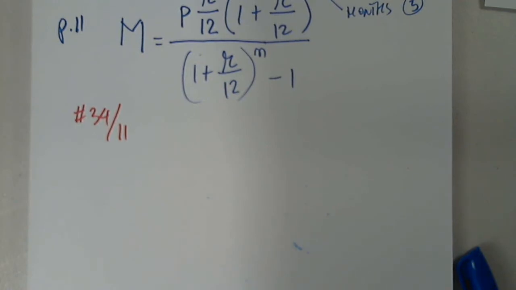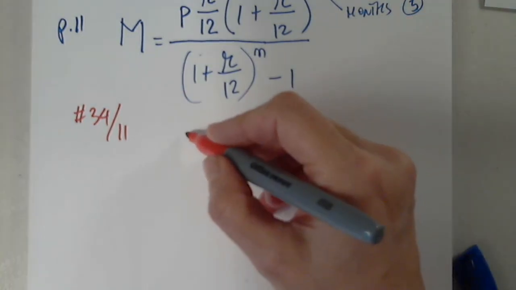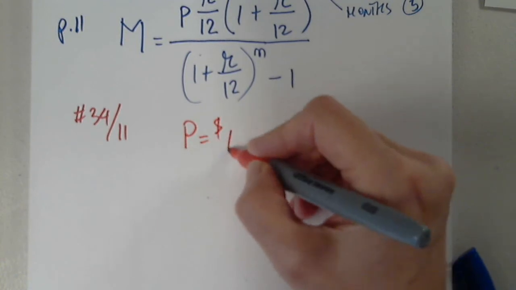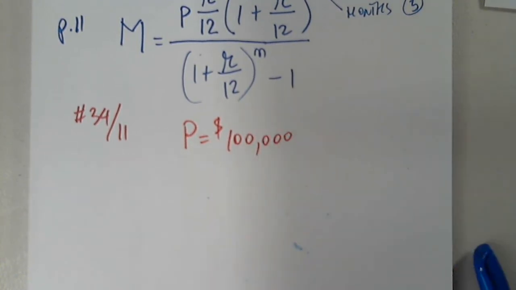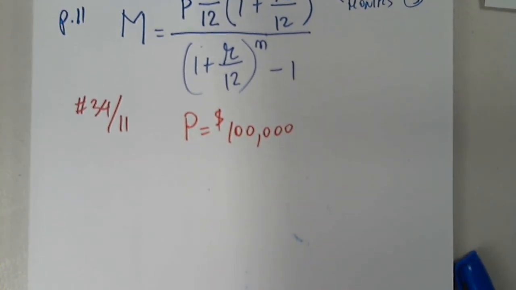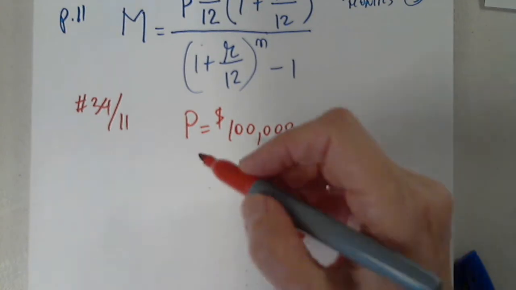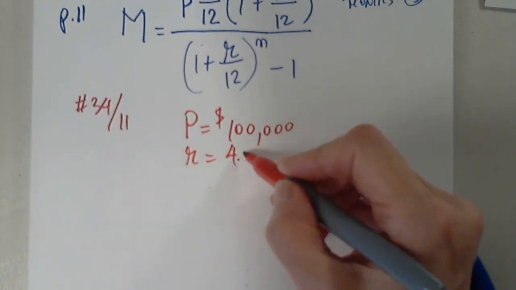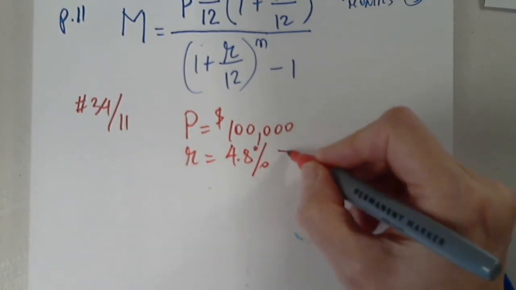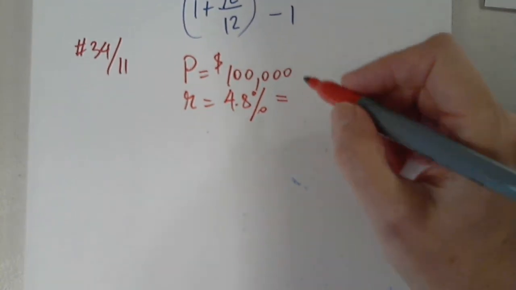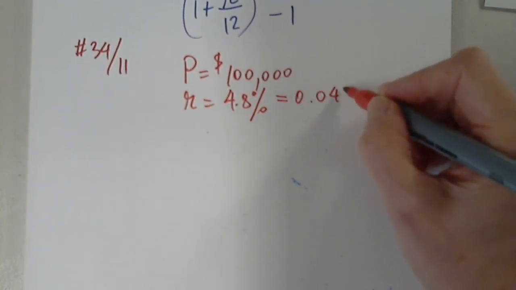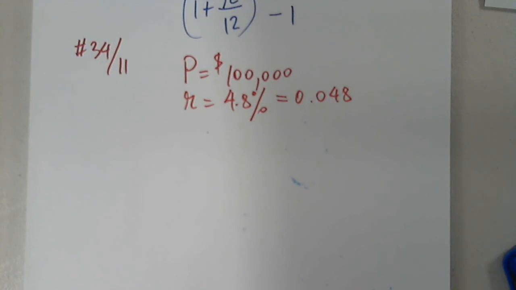So at Henken Bank it says, Ken takes out a $100,000 mortgage, $100,000, at an interest rate of 4.8%, which we already have to change into 0.048. Any questions?